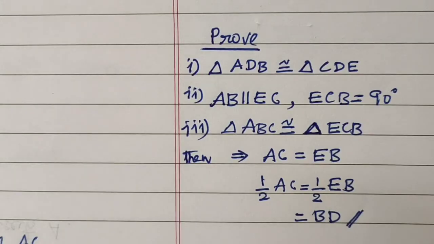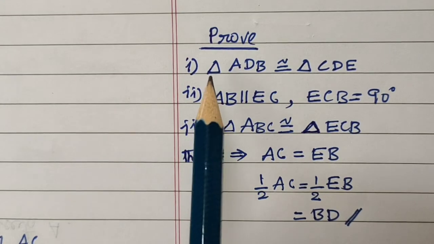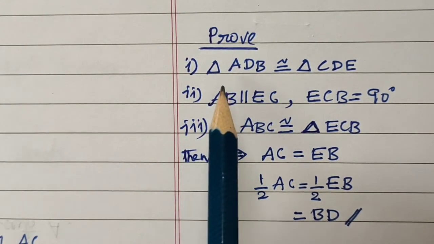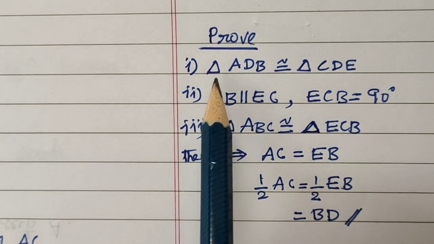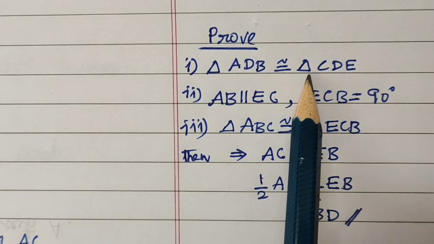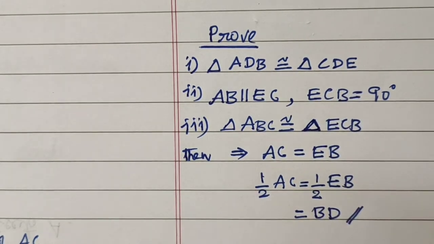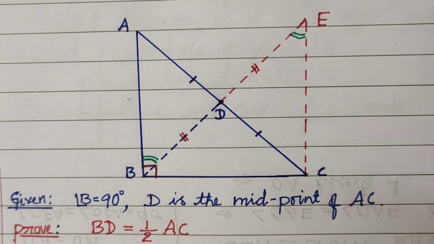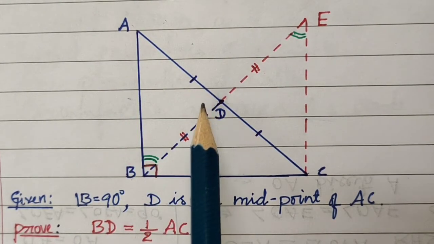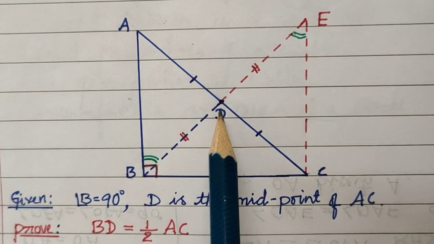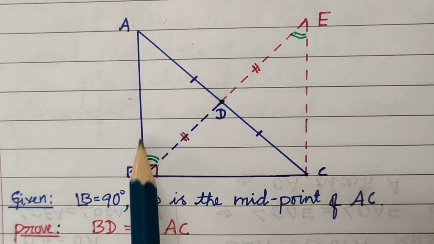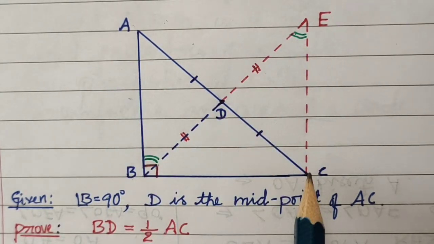We need to do 3 steps to get to the required proof. First we need to prove triangle ADB is congruent to triangle CDE. We need to prove these two triangles are congruent.